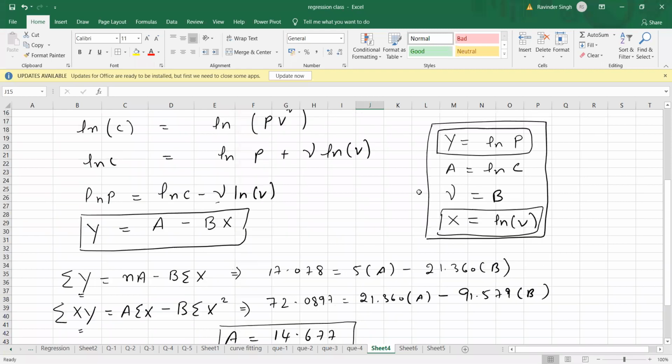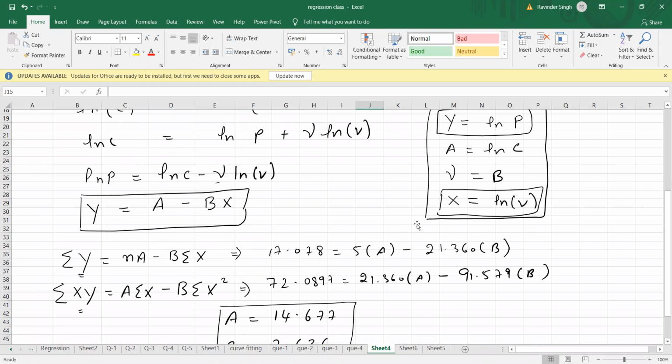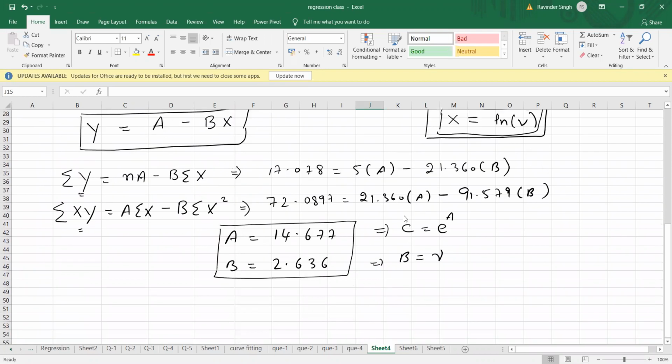So I will use this substitution here. Capital A is equal to log C. So this implies C will be equal to e power of A, and your capital B is the value of gamma itself. So there is no change. So what is the C value I will get? e power 14.677.